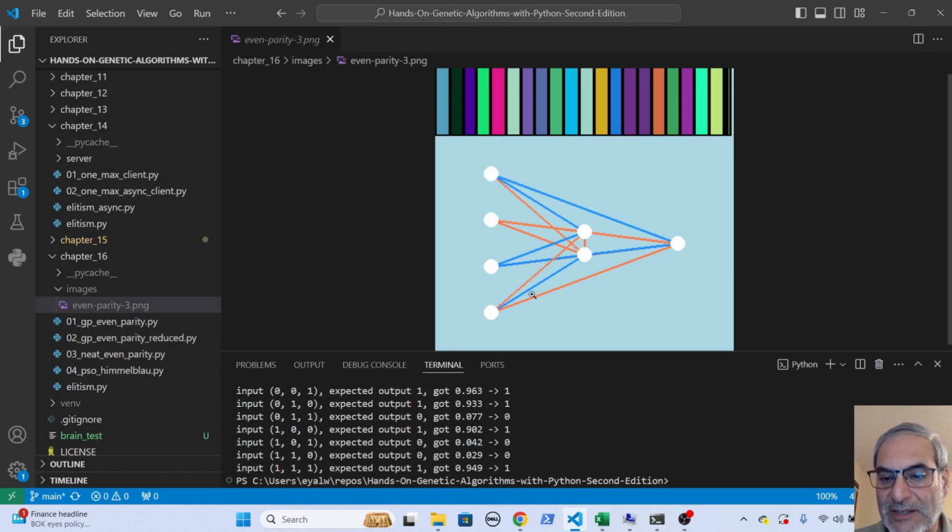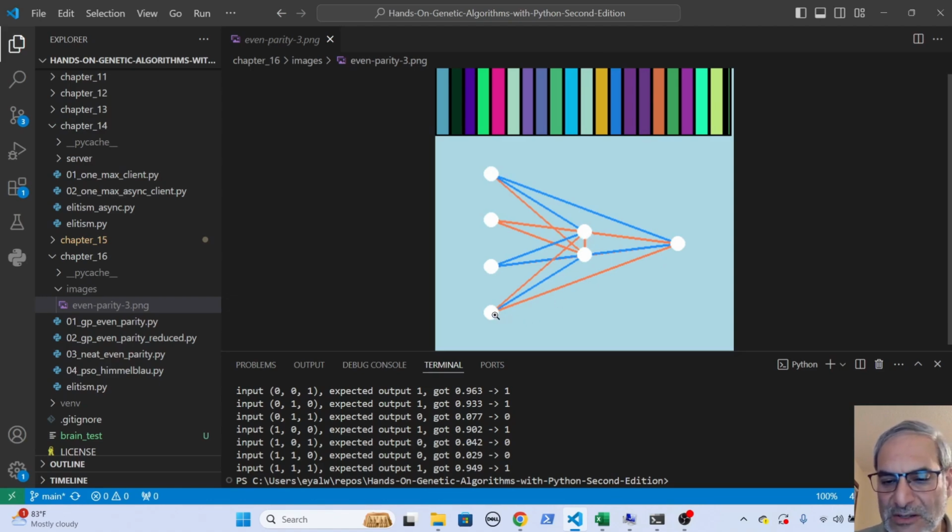So what we have at the end, it starts with the minimal configuration, which is one node, and then grows it, but all it ended up with is two nodes in the hidden layer, which is, as far as we know, the minimum way to implement a neural network that gives us that functionality.